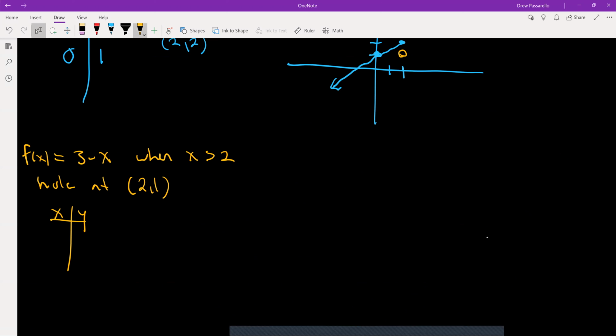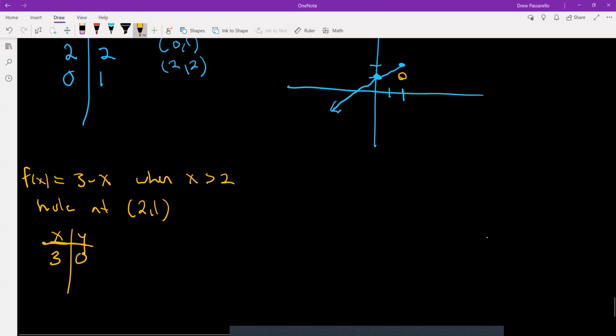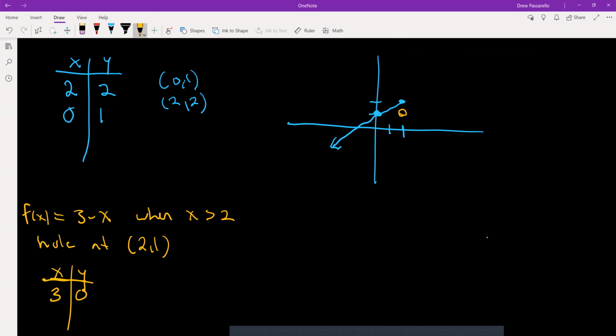Now I want to pick some values that are to the right of 2. So let's say I picked 3. That's an x value to the right of 2. So plugging 3 in for x, that makes 3 minus 3, which is 0. So that means I have 3, 0. So I have that point. And we know this is a line, and it's got a -1 slope.